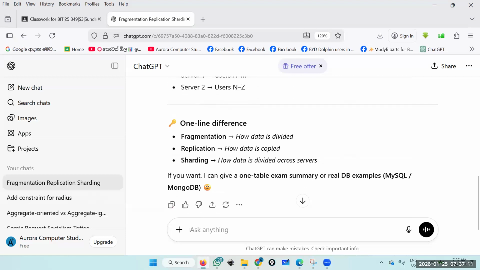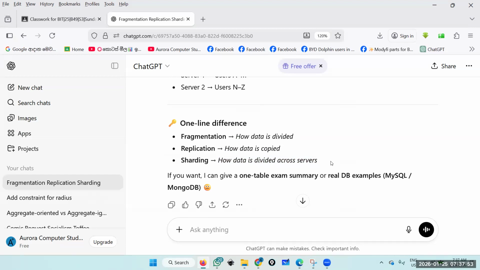This is how data is divided across servers. Yes, at the end, it's across servers, right? So I think fragmentation can be done in the same database or different databases, but sharding is across servers. The same database is not our focus. Our focus means you have two tables for two fragments.